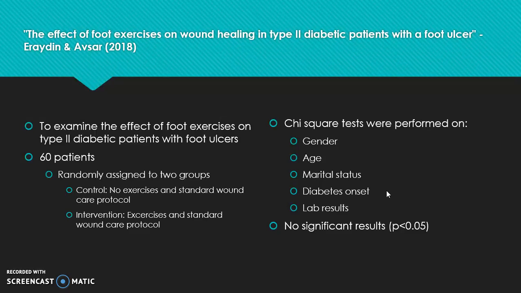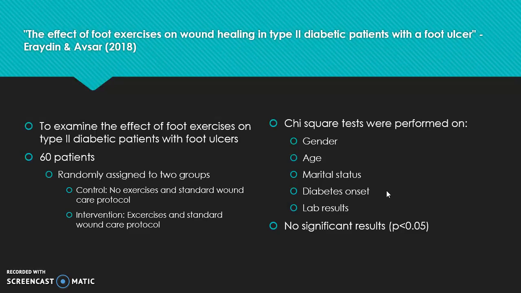So we have 2 groups here. Also, one thing to note is that they took measurements of the foot ulcers at weeks 1, 4, 8, and 12. This was a longitudinal kind of study. They monitored them over a period of time.